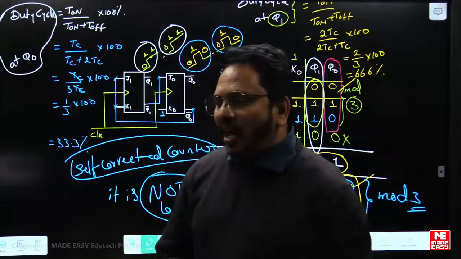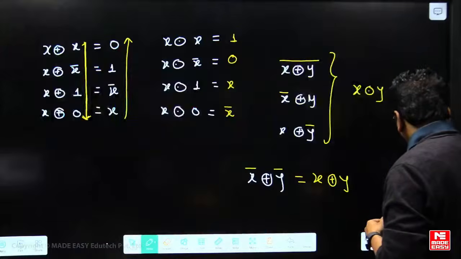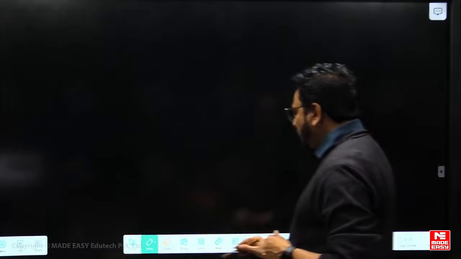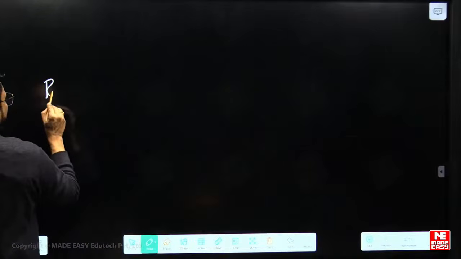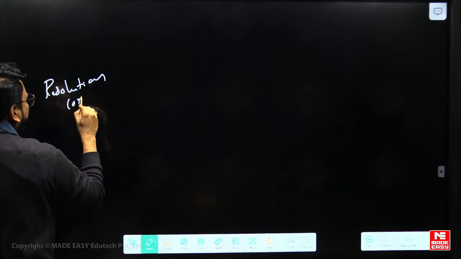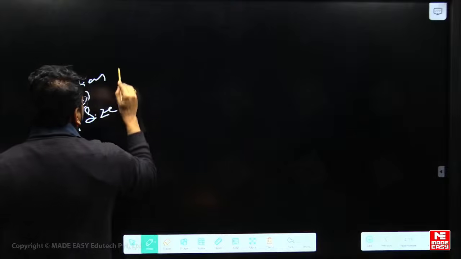Got it? And as far as this particular ADC DAC is concerned, in that you will generally get maximum questions based on the resolution only. And the resolution, which is also known as step size, related questions only you can get in the objective.